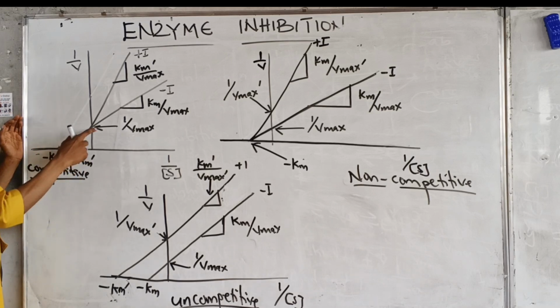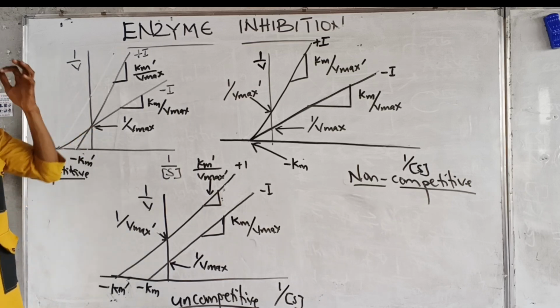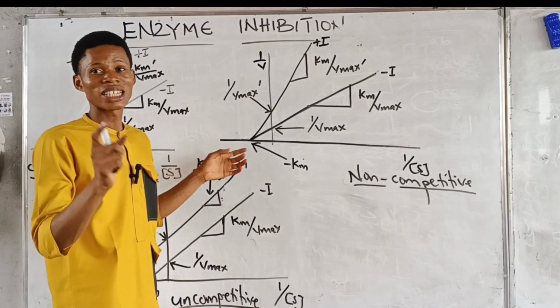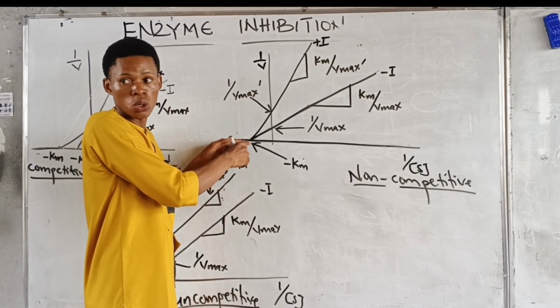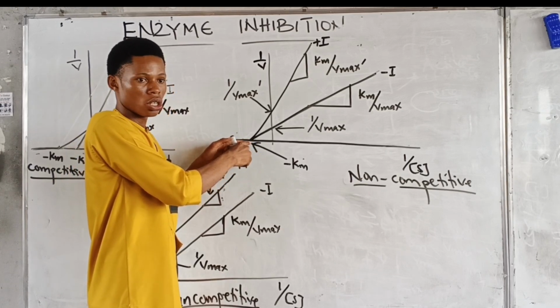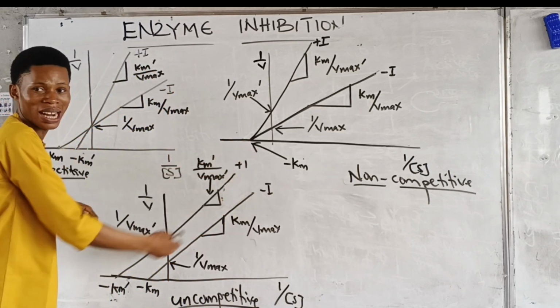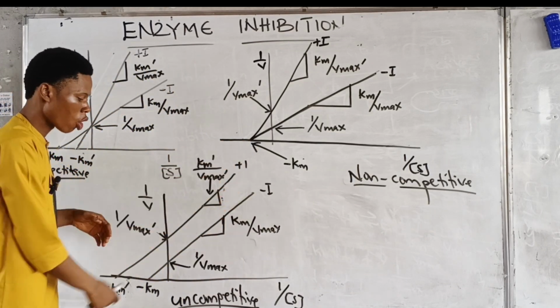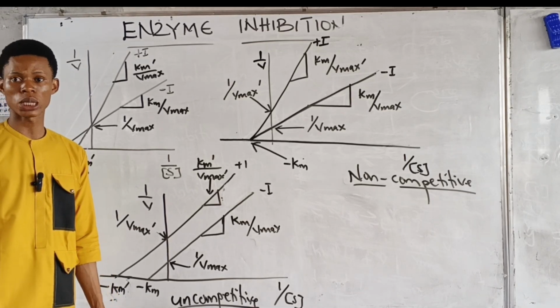If the two lines intersect on the x-axis, you say it is non-competitive. If the two lines are parallel to each other, you call it uncompetitive.